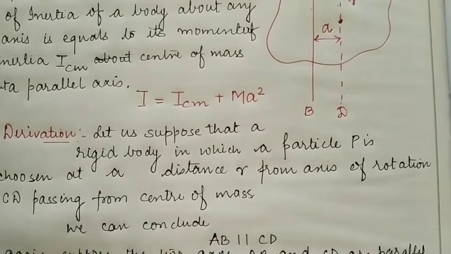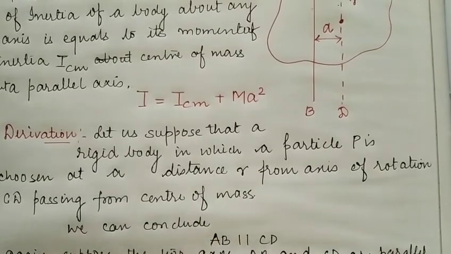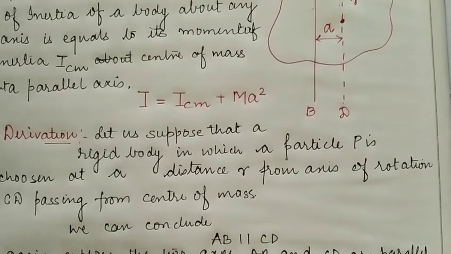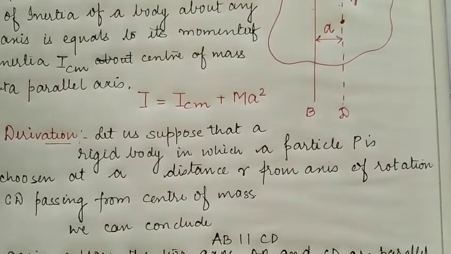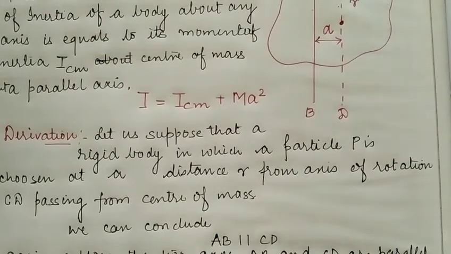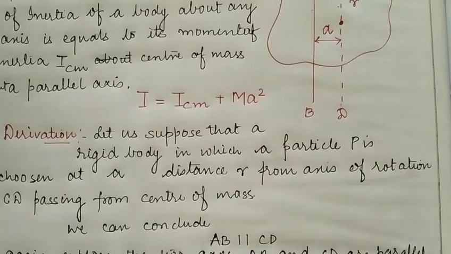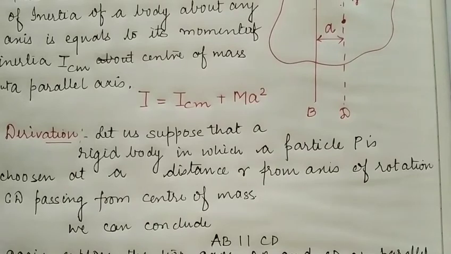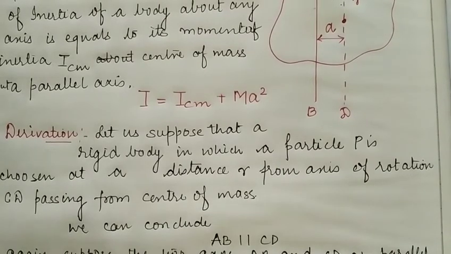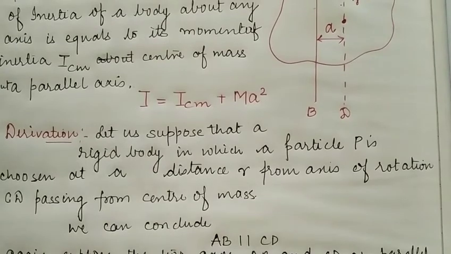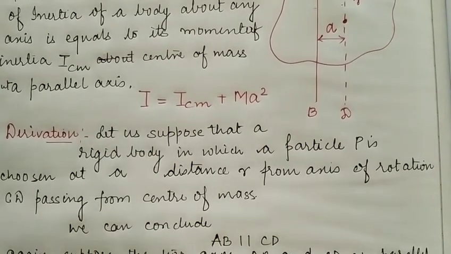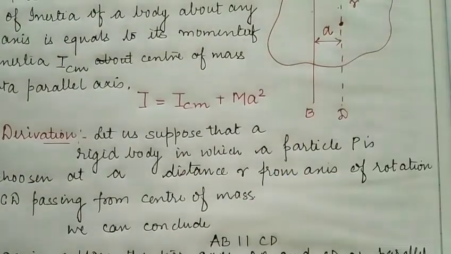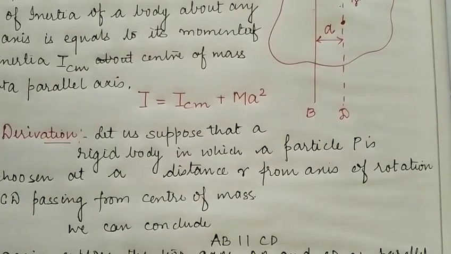So the moment of inertia of the particle P along axis AB will be equal to, as we know, summation of m, because n number of particles are there, and here the distance from this axis is r plus a, r plus a whole square.